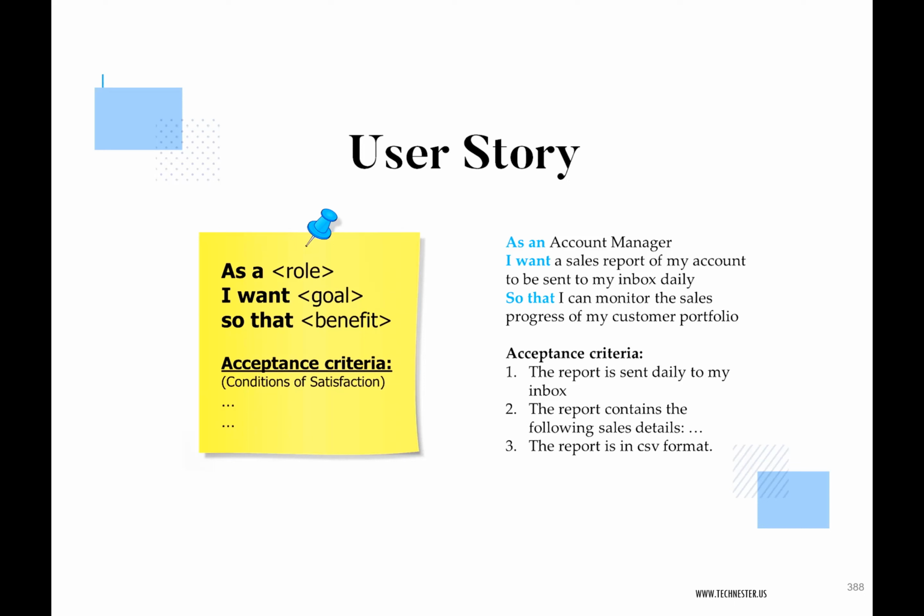A part telling us the stakeholder's perspective that we're writing the story from, or that we're viewing the requirement from, and what the stakeholder would like to accomplish and the benefit of what the stakeholder would like to accomplish. So the benefit of the requirement.